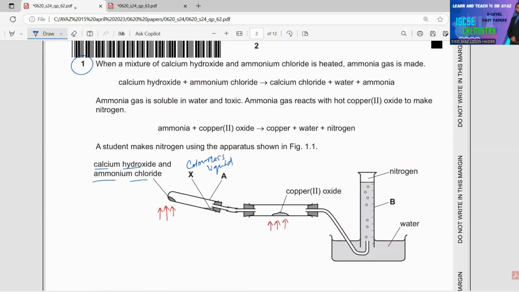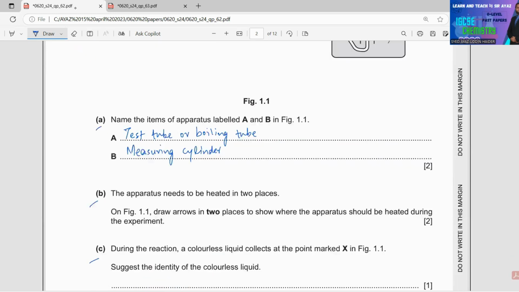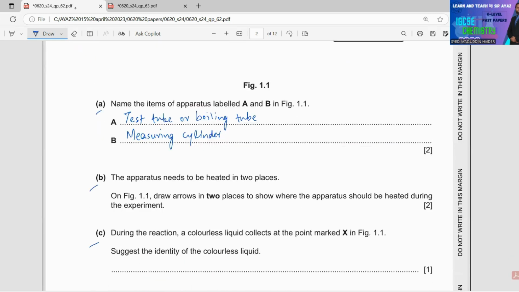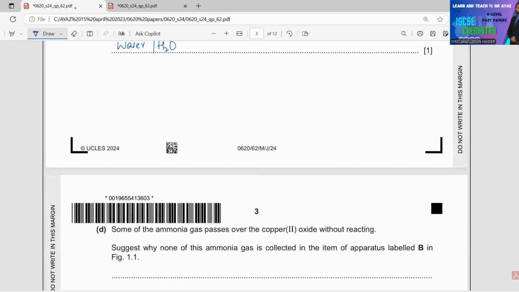If you go back and look at the reaction, calcium hydroxide plus ammonium chloride, we are getting calcium chloride plus water plus ammonia. Calcium chloride exists in the solid state. Ammonia is gas, water is a liquid. So X must be water. So you will write water here. You can even write the formula because they didn't ask you to write the name.